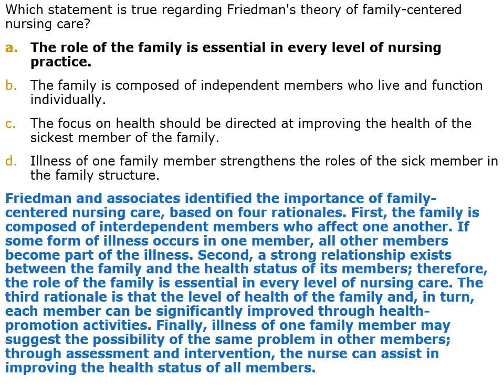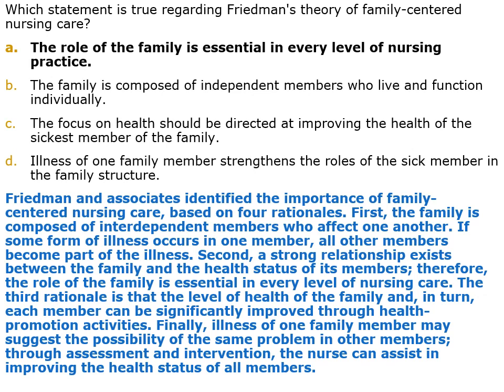You're correct. Friedman identified the importance of family-centered nursing care based on four rationales. First, the family is composed of interdependent members who affect one another. If some sort of illness occurs in one member, all members become part of the illness. Second, a strong relationship exists between the family and the health status of its members. Therefore, the role of the family is essential at every level of nursing care.